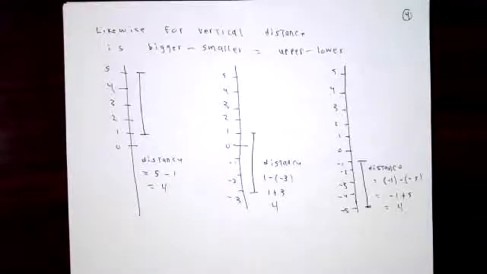And just as we saw in the horizontal case, even if both numbers are negative, take the upper one minus the lower one, and you'll get the distance. I want to emphasize that distances are positive. Distances are not negative. And unless the two points you're talking about are the same point, distance is not 0.